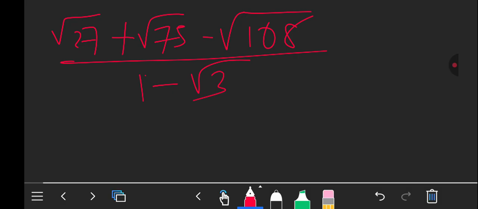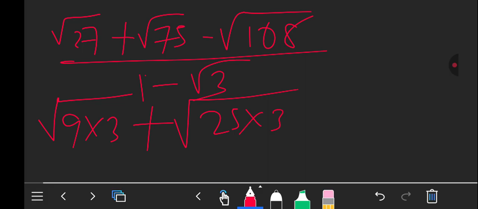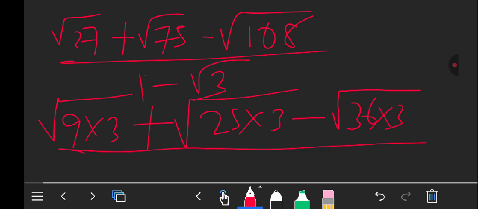As we did in the previous question, we need to express this in roots of 3. So we can say square root of 27 is the same as square root of 9 times 3, plus square root of 75 is the same as square root of 25 times 3, minus square root of 108, we can say it is 36 times 3, then everything is over 1 minus square root of 3.